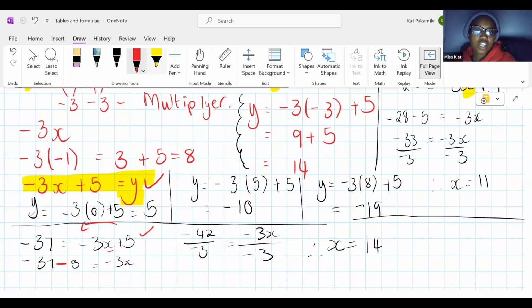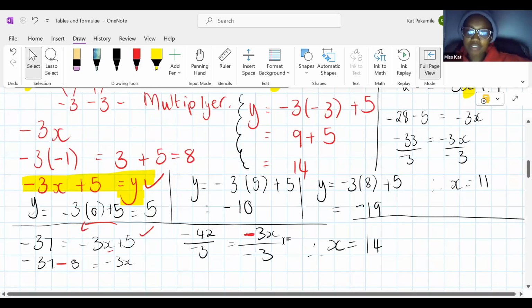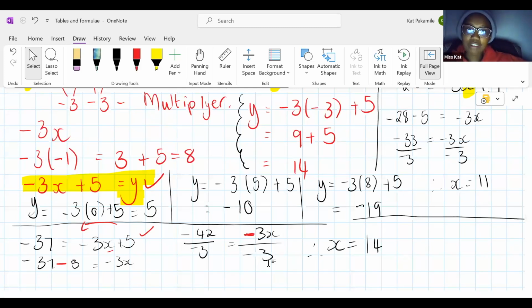Great. So now I want to get rid of that -3, right? We still want our x to be on its own. Yes, ma'am. So the opposite of timesing is dividing. The inverse of multiplication is division. Okay. So then we divide by -3 here to get rid of it.